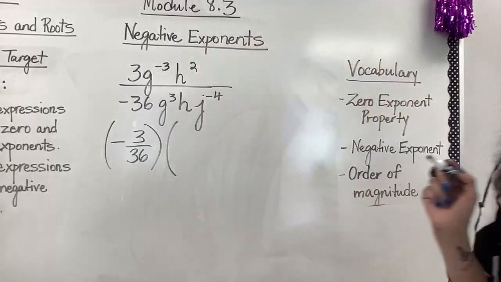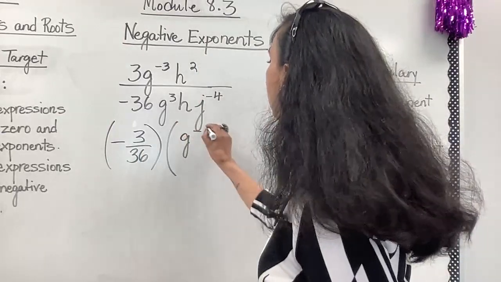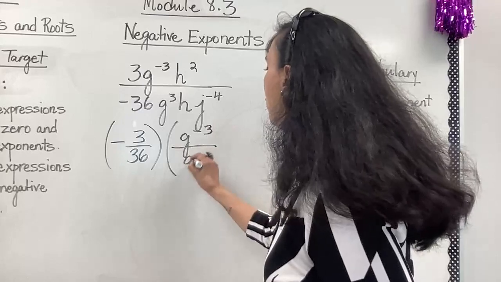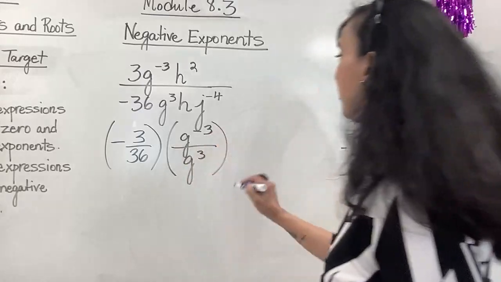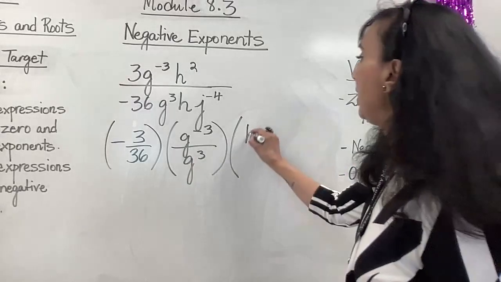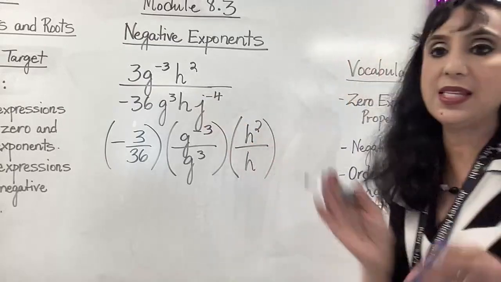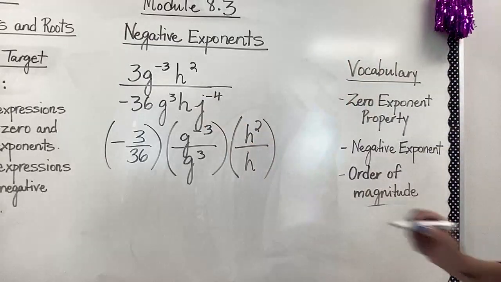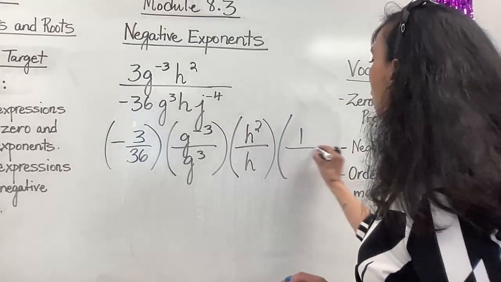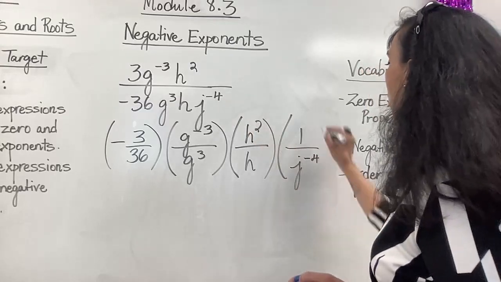And then I have g raised to negative 3 over g cubed. Then I have h squared over h. I'm grouping the same bases together. And then I have 1 over j raised to the negative 4 power.